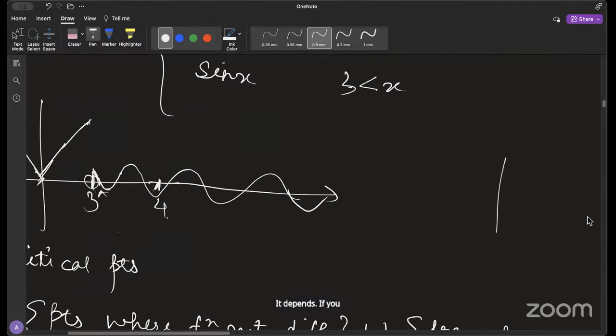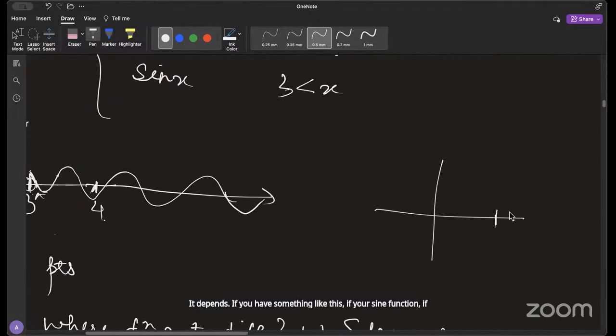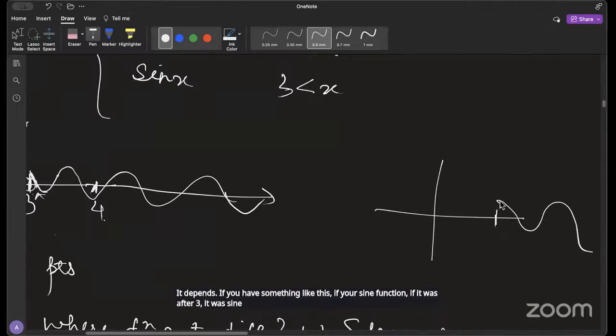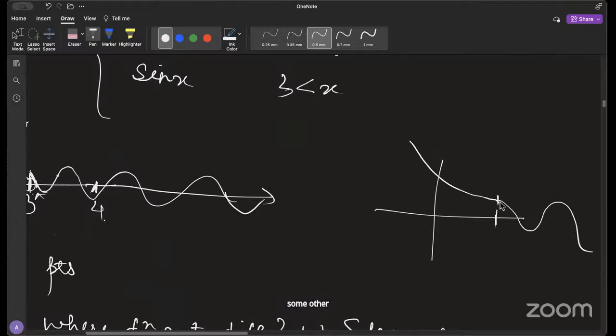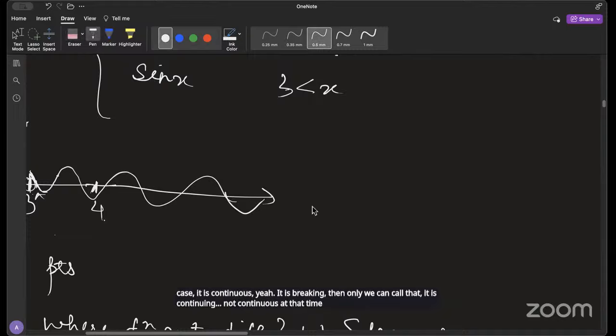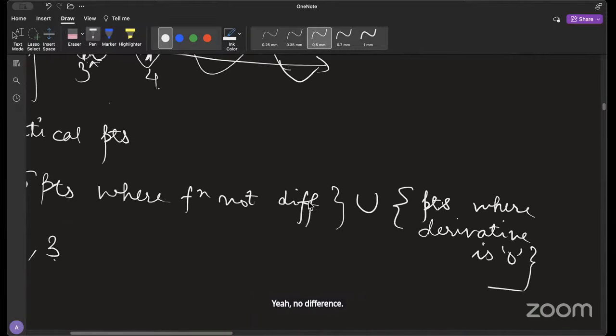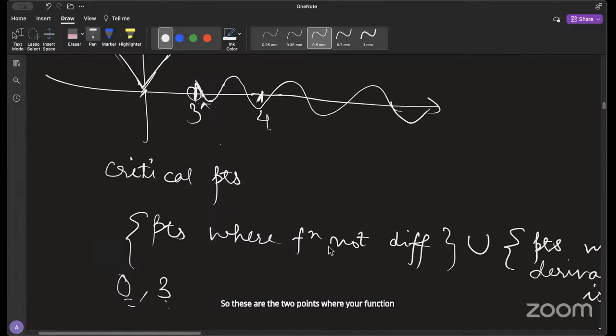If after 3 it was sin x, and before 3 it was some other graph, then you'll have to check the differentiability. In that case, if it is breaking, it is not continuous and so not differentiable. So these are the two points where your function is not differentiable.